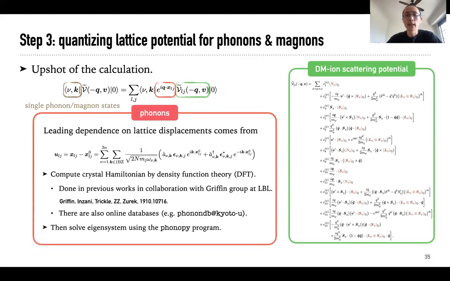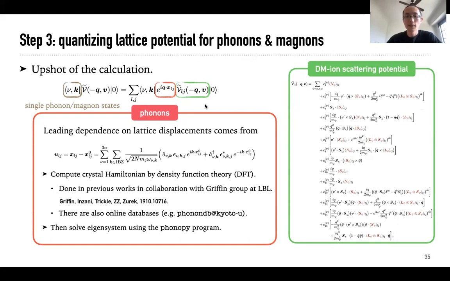How the calculation proceeds depends on whether we're looking at phonons or magnons or some other excitations. For phonons, because these are the vibrational modes of the ions, we have to quantize the position operators of the ions. The leading dependence on the position operators is from this prefactor, this phase. So we just do the standard quantization procedure and plug in this equation and obtain the matrix element.